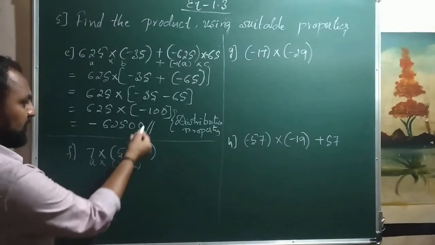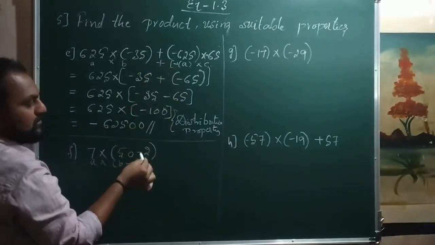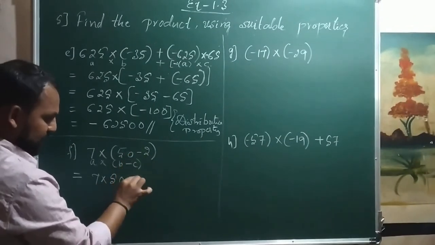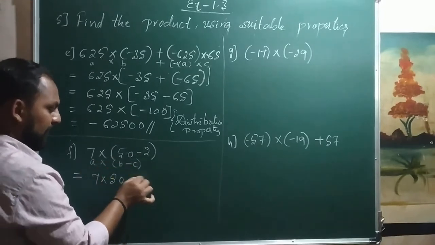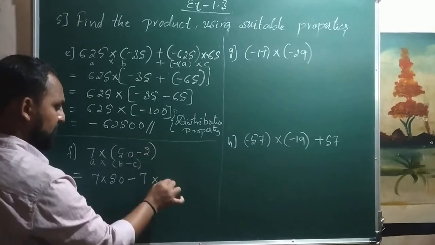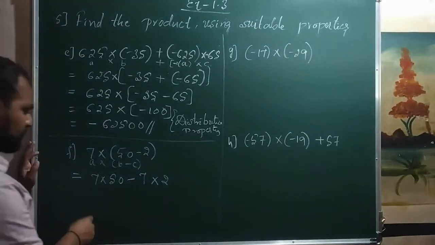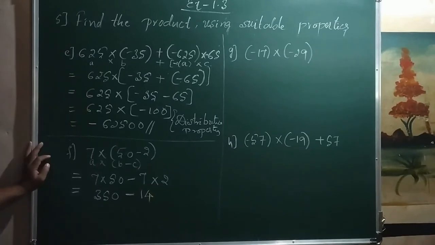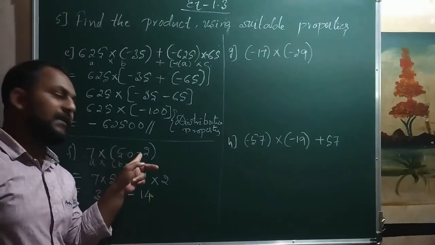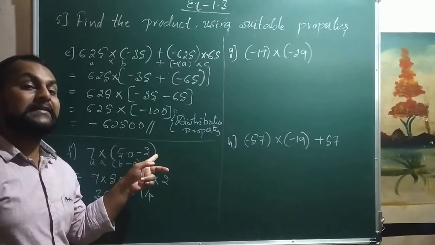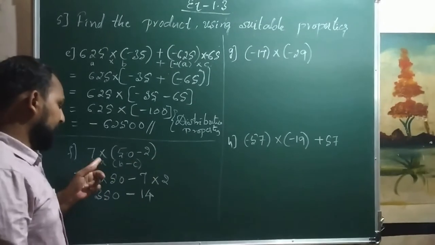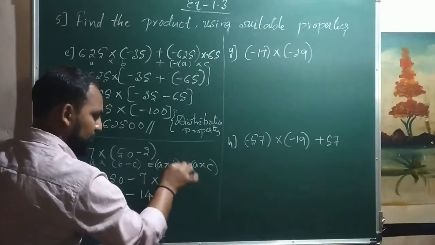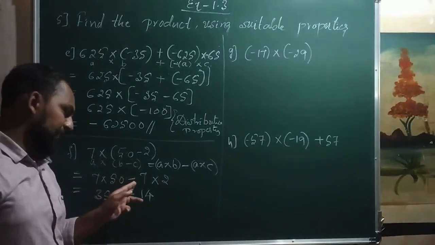Here the sign is minus. 7 into 50 as it is, minus A into B minus A into C, where C is 2. Here 7 50s are 350, and 7 2s are 14. A into B minus C, distributive property, the multiplication over subtraction: A into B minus A into C.